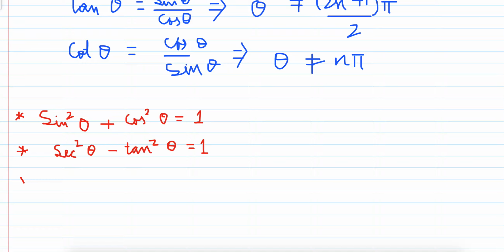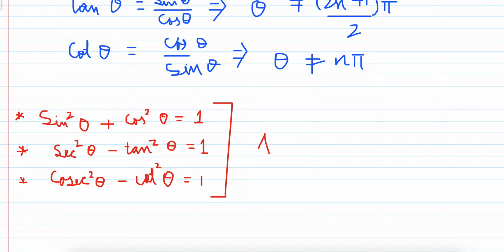And the third one is cosec square theta minus cot square theta. This is also equal to 1. So it's good to remember these three relations.